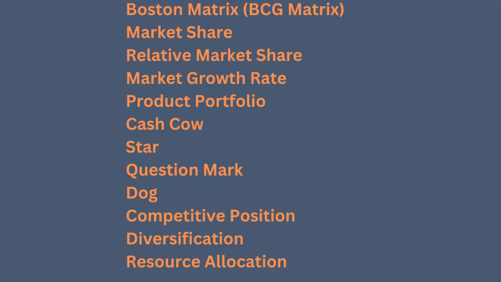Now we've got two things called market share and relative market share. They're slightly different. We've got market growth rate, product portfolio, cash cow, star, question mark, dog, competitive position, diversification, resource allocation, or using the verb allocate resources.